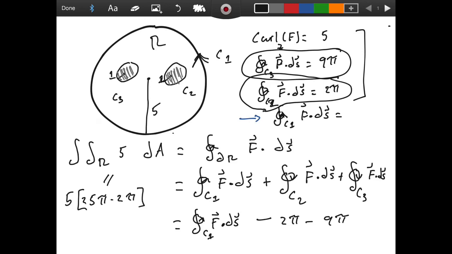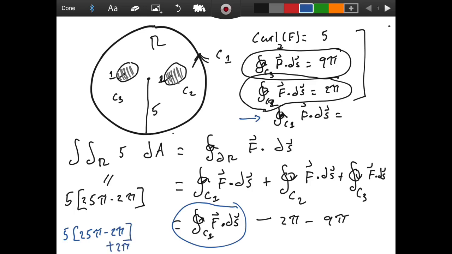Okay, so the thing that we care about is going to be equal to 5 times 25 pi minus 2 pi, plus 2 pi plus 9 pi.